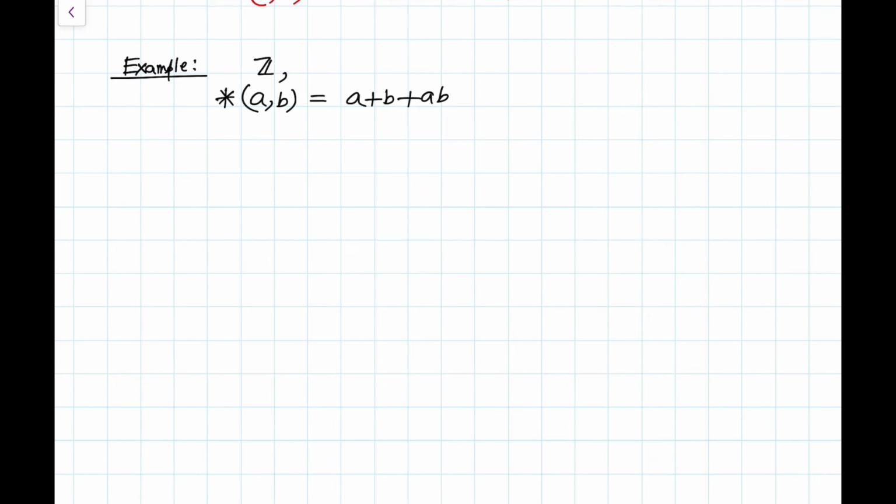Firstly, addition is a binary operation. If we add two elements in Z, the result will also be in Z, and if we multiply two elements in Z, that will also be an integer. So basically any two integers will be mapped to an integer. So this is a binary operation, no doubt.